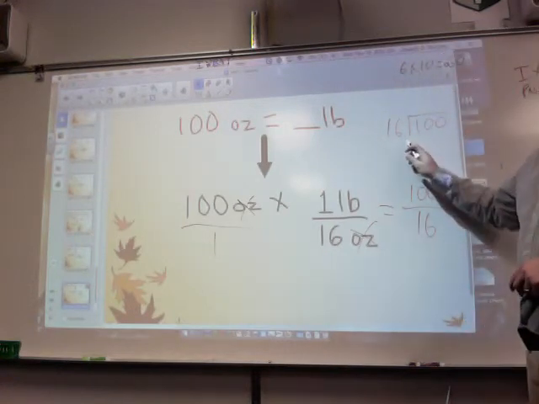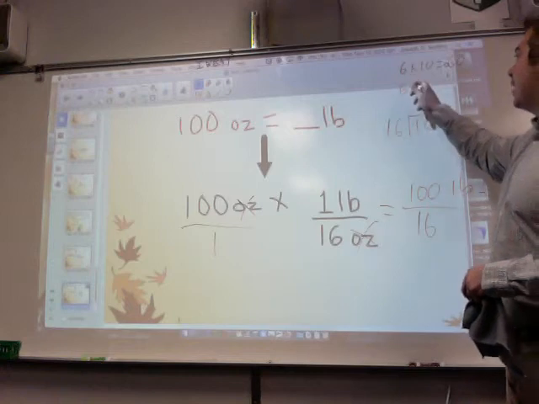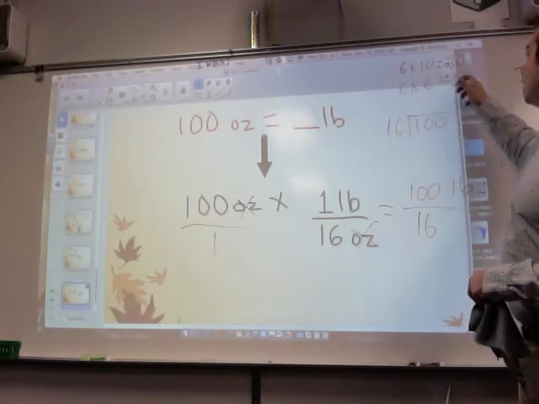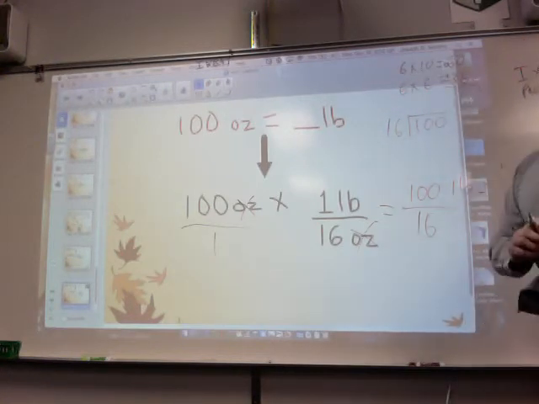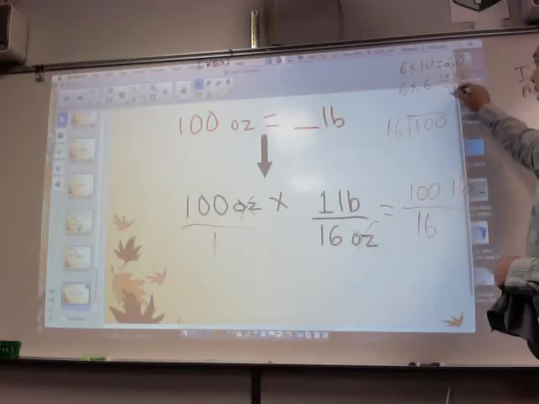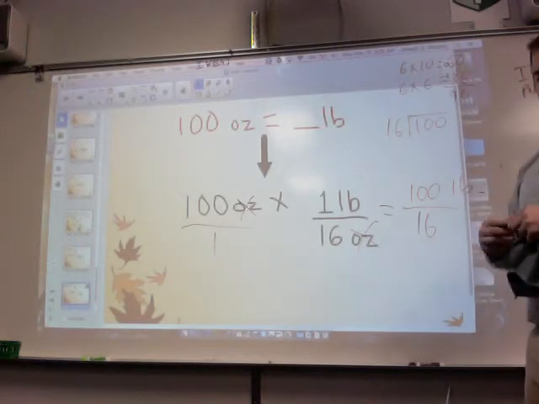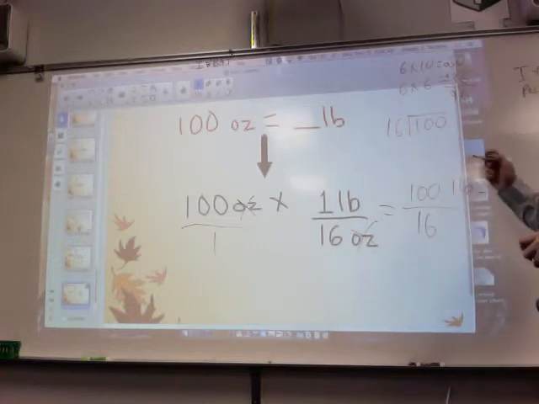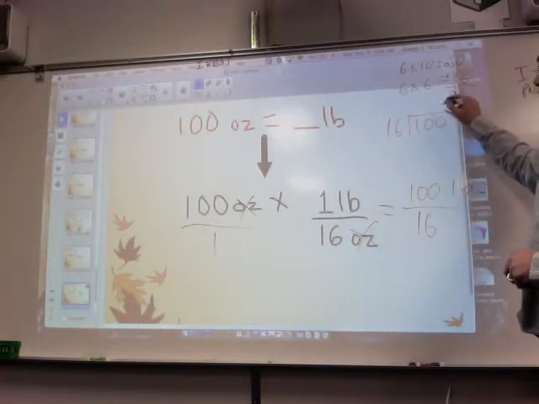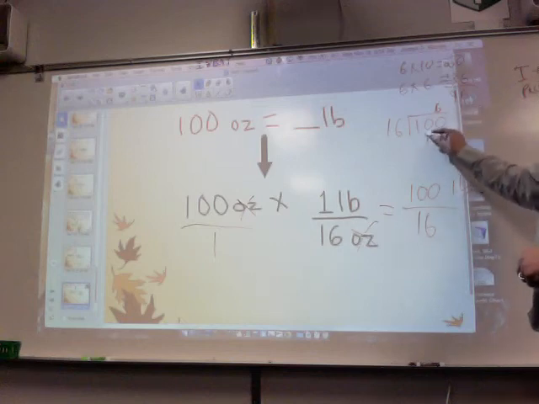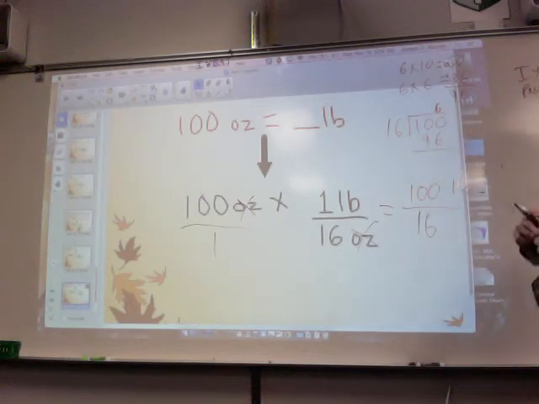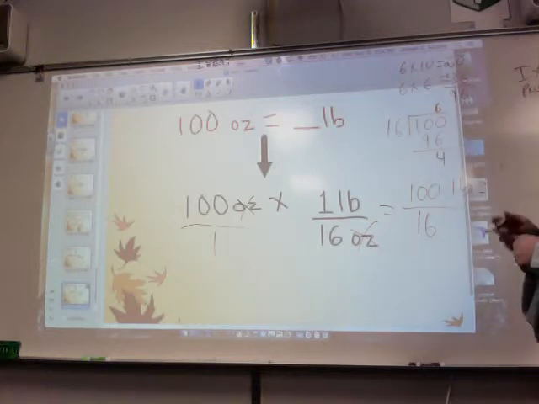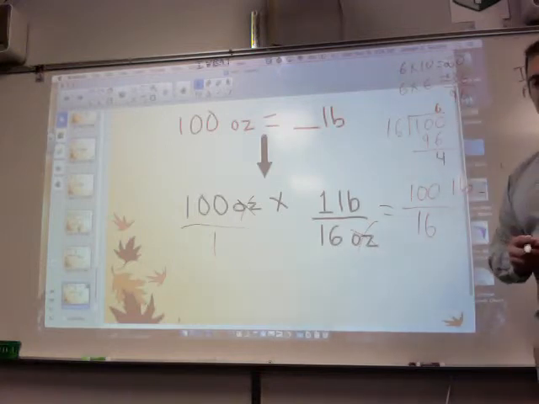And I have 6 over here, so I'm going to do 6 times 6 equals 36. And 60 plus 36 equals 96. So in my head, I just did 16 times 6, and I got 96. And 100 minus 96 equals 4. All right, so my answer is going to be 6 with a remainder of 4.